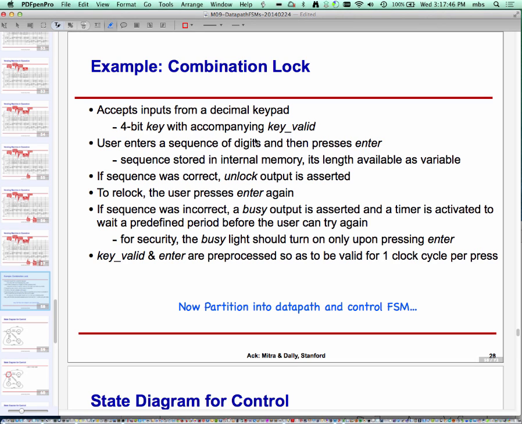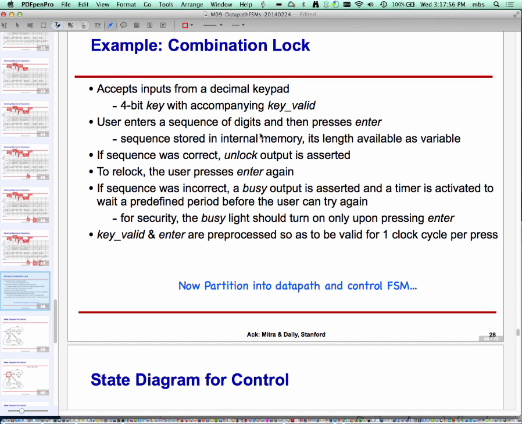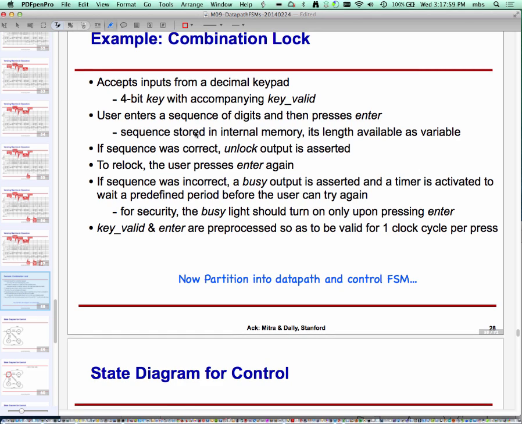This is different from the design assignment where I have a separate signal for each of the keys. The user enters a sequence of digits and then presses enter. The correct sequence is stored in some internal memory, and its length is available as a variable.